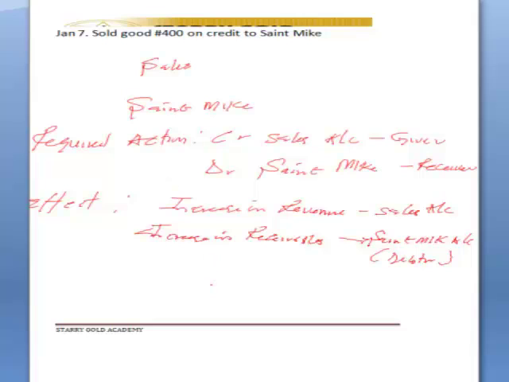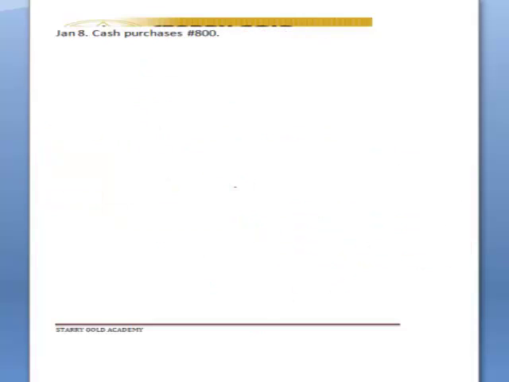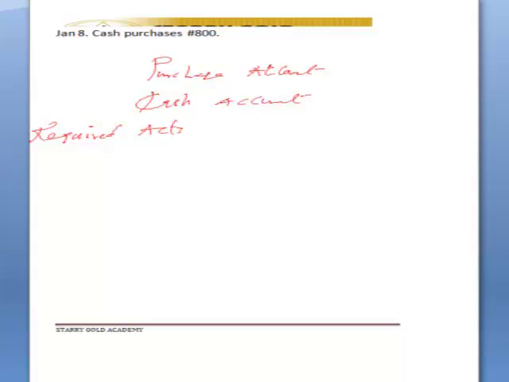The next transaction that we need to consider is cash purchases. Here, that means there is a purchases account and there is cash account. These are the two accounts involved. What will be the required action to be taken if we want to record this?